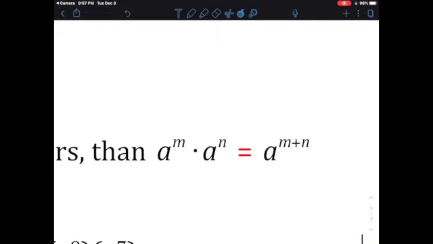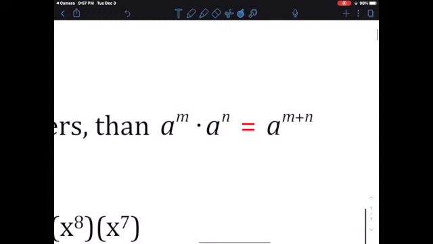So a could be anything, but the bases have to be the same. That's the most important rule. They have to be the same. Then you add the m and the n, which are the exponents. This is a very important rule.